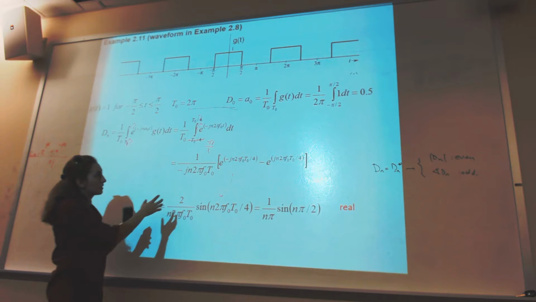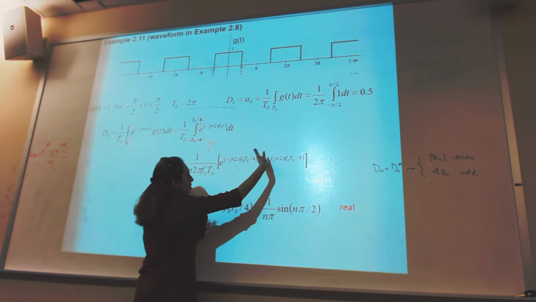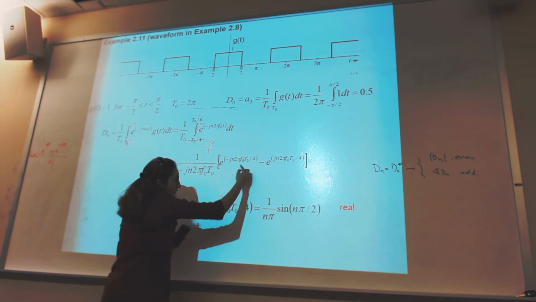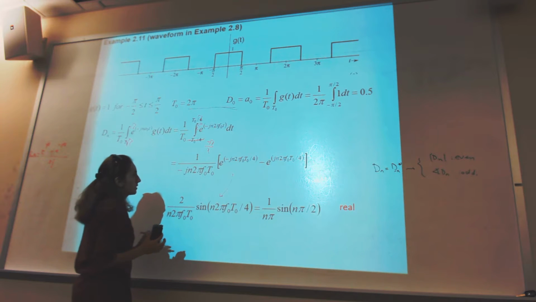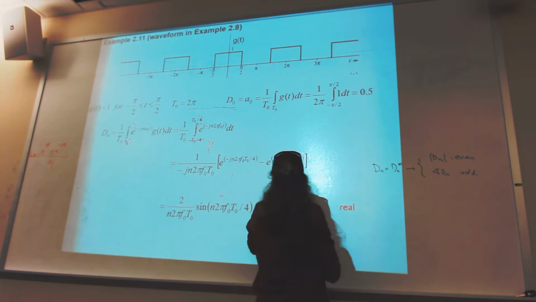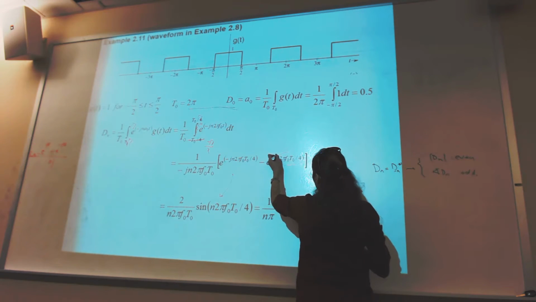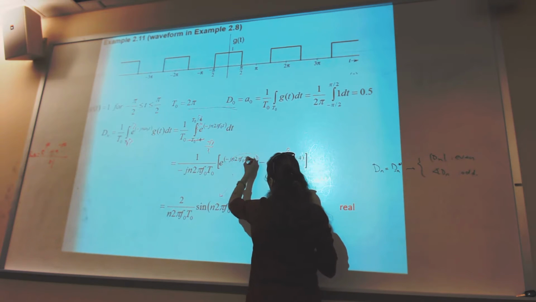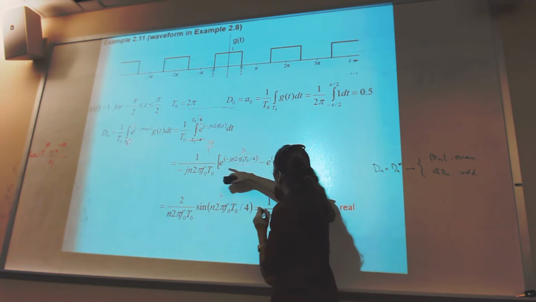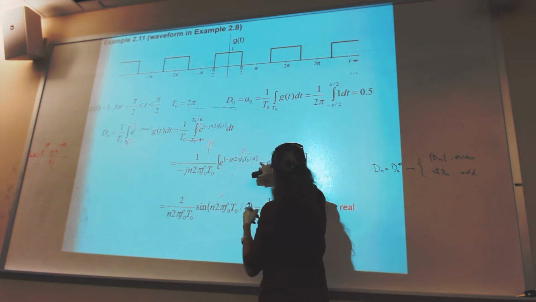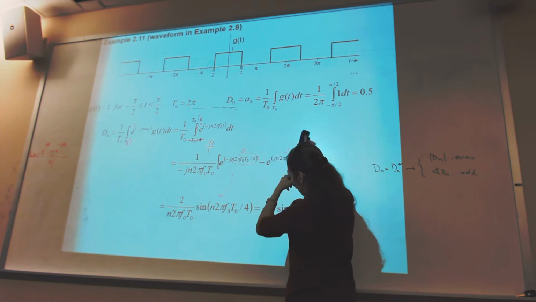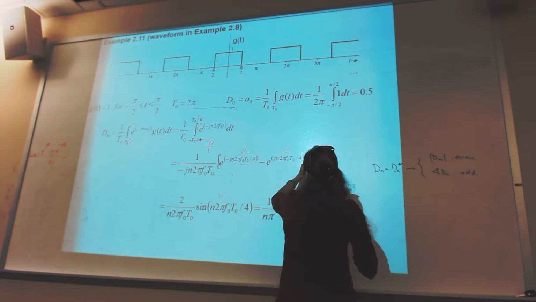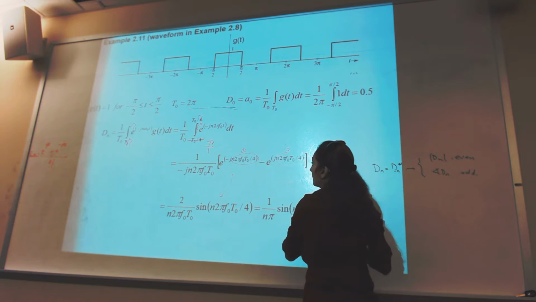When I look at these, I see e to the minus j, and then e to the j, and negative here. It looks like a sine to me. So if I consider the whole thing as theta, it's like e to the minus j theta minus e to the j theta.